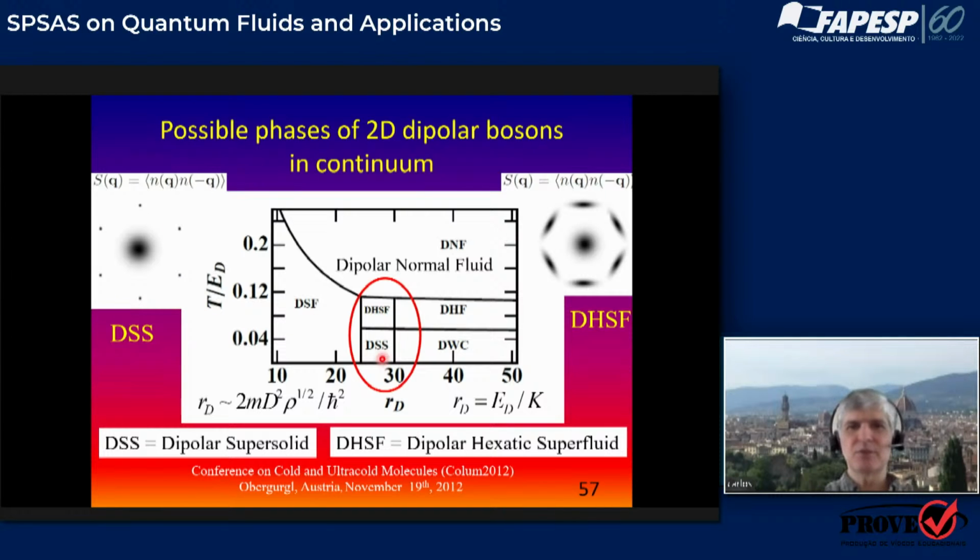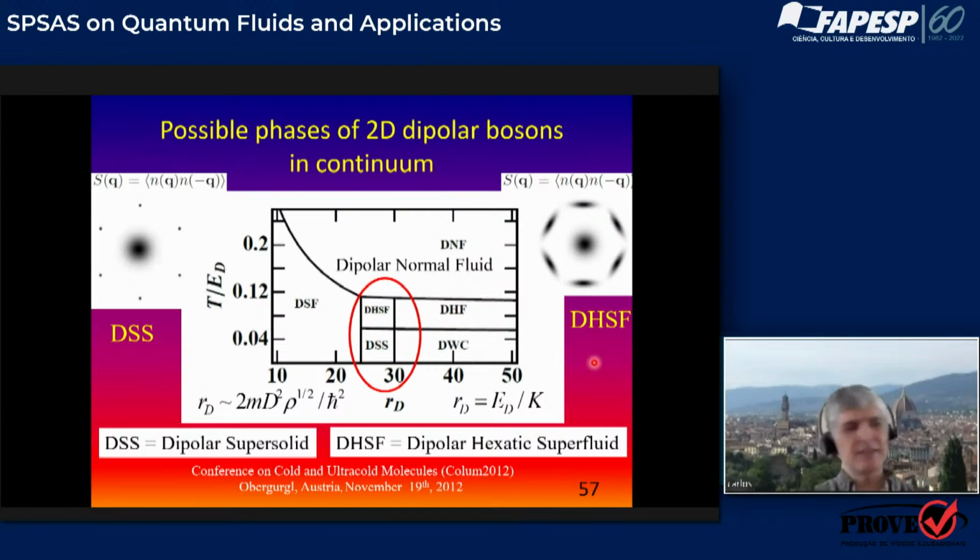And then as you increase the temperature in this region, you still have the peak at the center, indicating that you have superfluidity. But now the lattice structure gets fuzzy because you lost translational symmetry, and you get this hexatic phase, even though you still have hexagonal symmetry in the system.